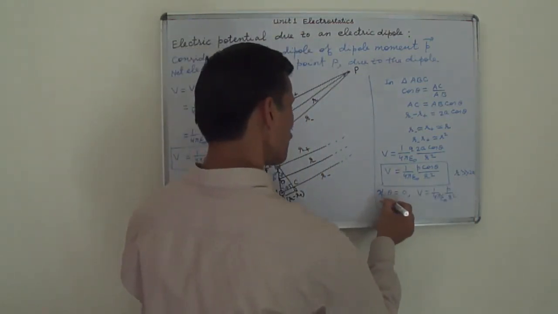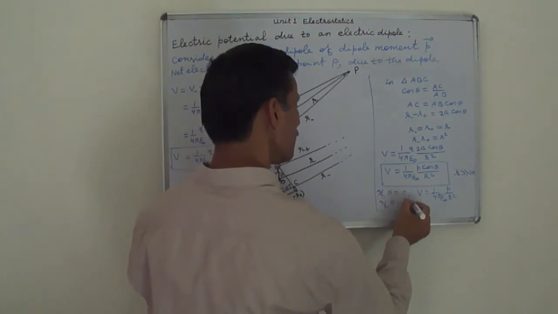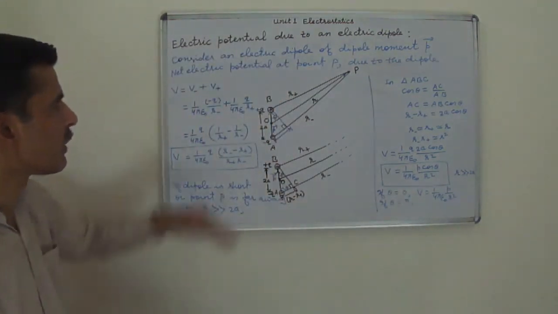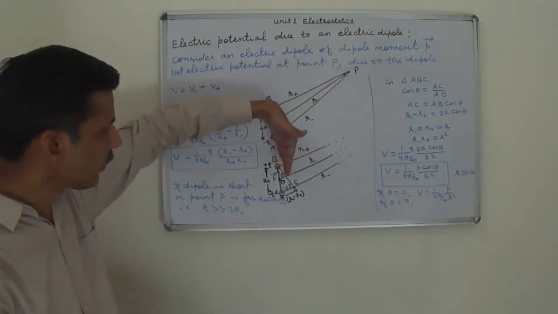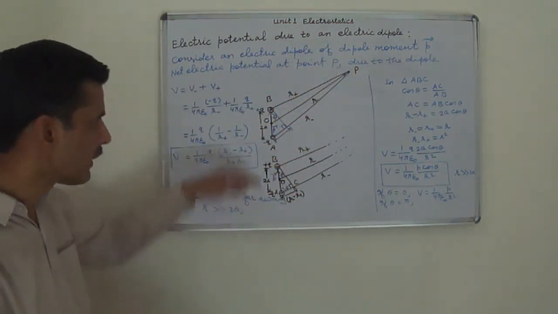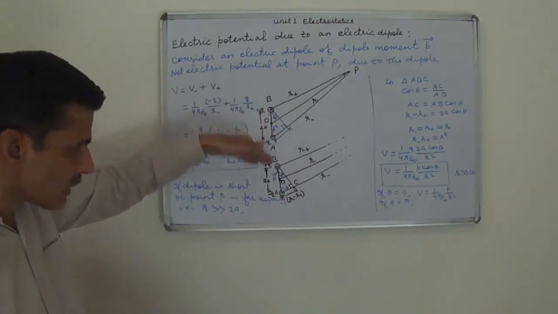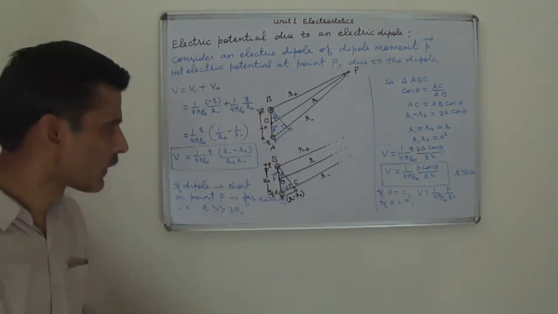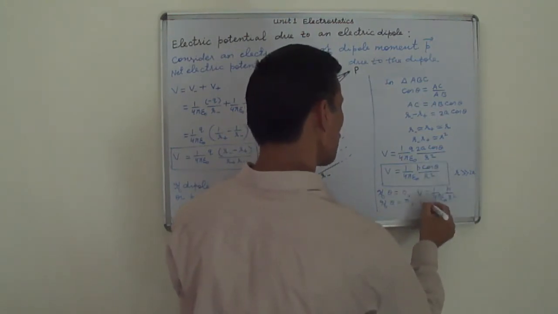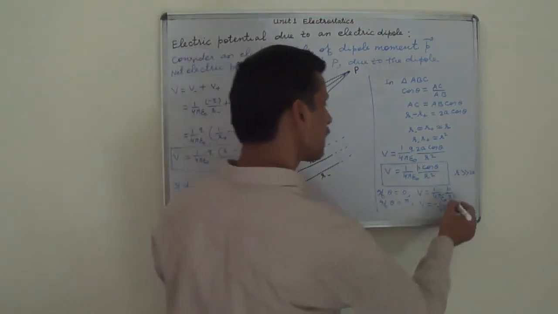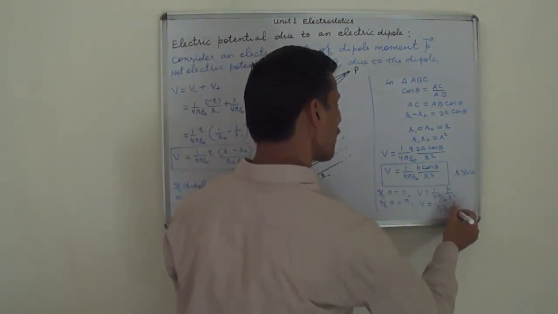If theta is equal to pi, this means point P lies on dipole axis, but it is below minus q charge. In this case, cos pi is equal to minus 1. So you have V is equal to minus 1 upon 4 pi epsilon naught P upon R square.